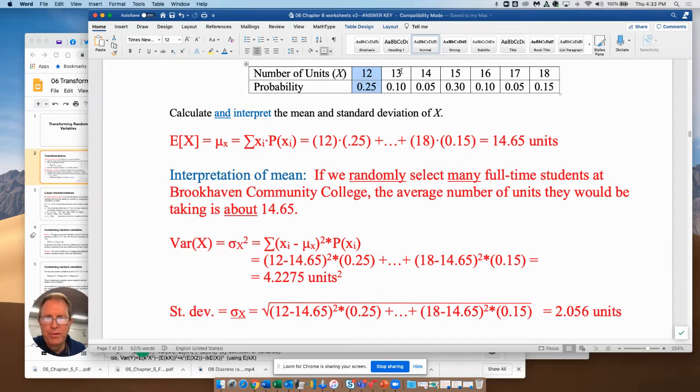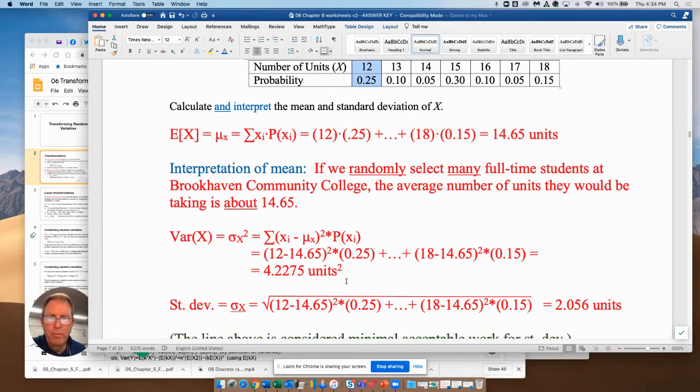Then I'm going to add 13 minus the mean of 14.65, square it, and multiply it by its probability. And dot, dot, dot, and I'll get to my final term here. 18 minus my mean of 14.65, square it times 0.15. So that'll give me my variance.